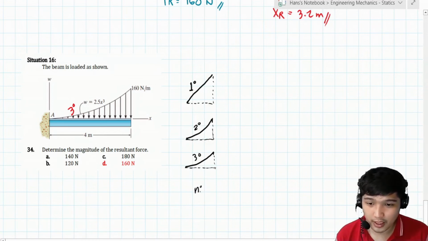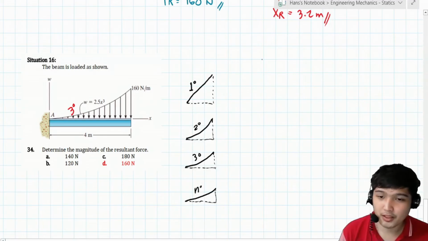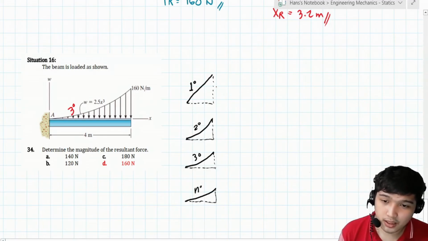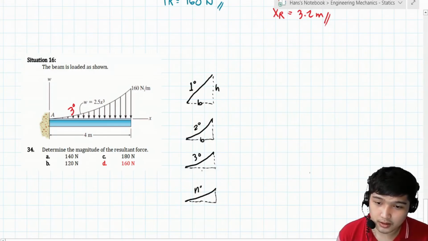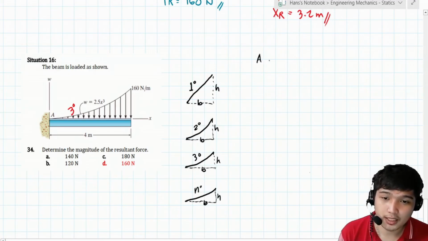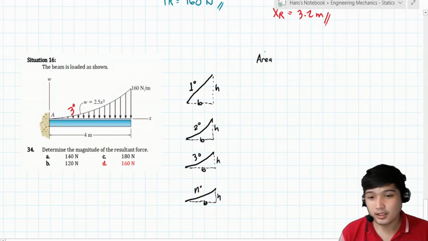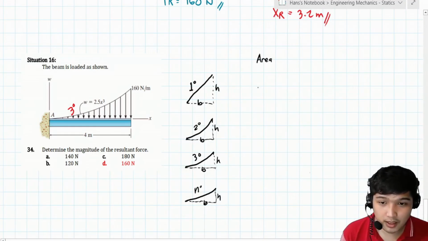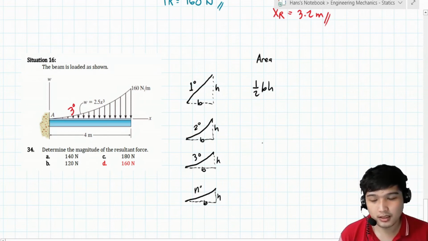And lagay tayo dito, nth degree. So, ayan. Naka-curve lang. So, may pattern kasi to. So, let's say ito yung height. Ito yung base. So, ganun din dito, no? Base, base, base, and height. Height, height. So, para kumuha ng area, no? That is just simply, alam mo yung sa triangle, di ba? This one is how much? 1/2 base times the height. E di ilan tong sa second degree.